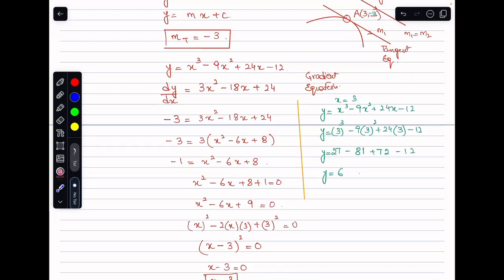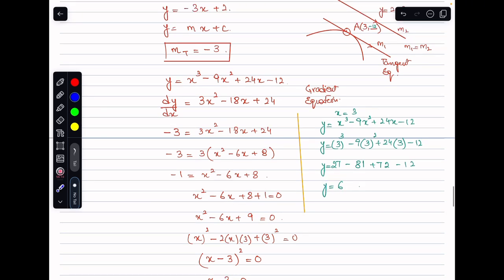So substituting x equals 3, y equals 3 cubed minus 9 times 3 squared plus 24 times 3 minus 12. This gives me 27 minus 9 times 9, 81, plus 72 minus 12. And solving it, I will get y equals 6.